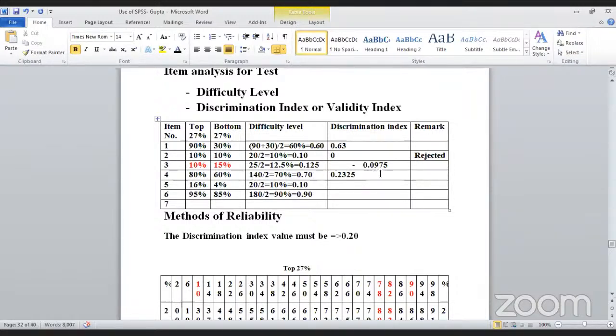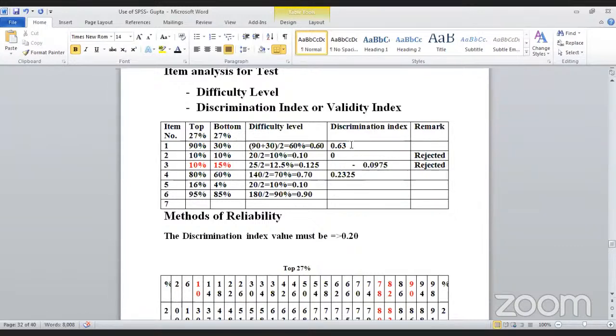So it means this question is defective. And if it is defective, then it is rejected. Because the discrimination value should always be positive. It should not be negative. The moment it is negative, then it means the item is to be rejected. So that you have understood now.